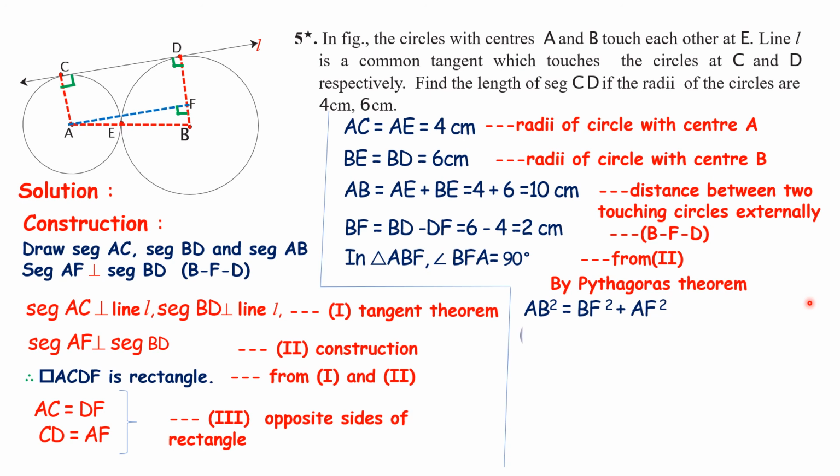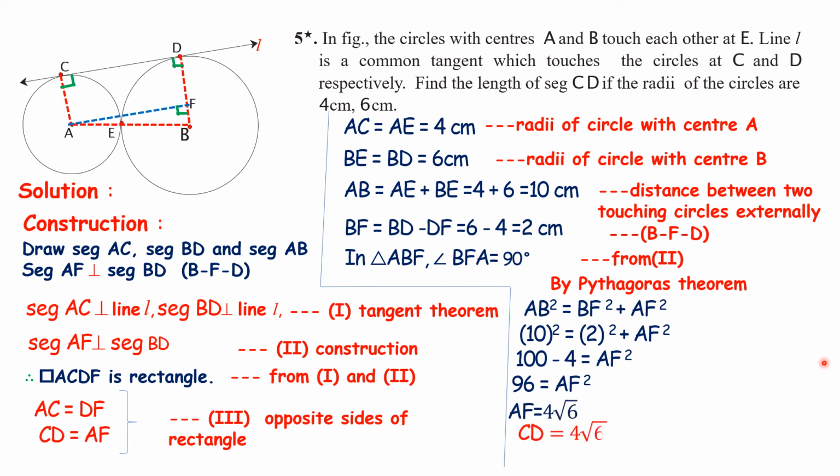Now substitute the values. 10 square is equal to 2 square plus AF square. Now 10 square is 100, 2 square is 4, 100 minus 4 is equal to AF square. That is 96 is equal to AF square. AF is equal to 4 root 6 centimeter. Therefore CD is equal to 4 root 6 centimeter, from statement number 3, AF is equal to CD.